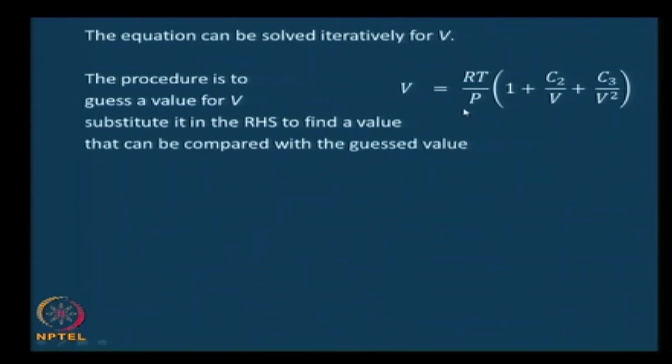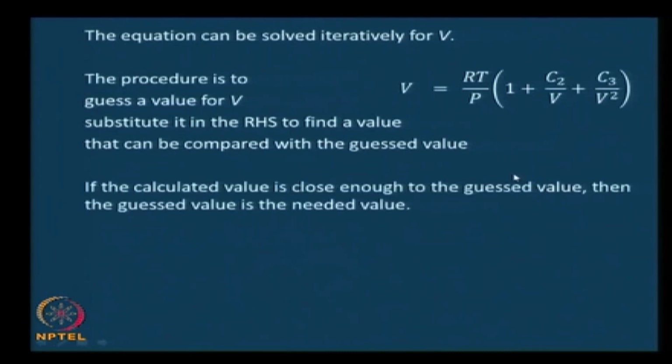Compare that with the guessed value. Remember that V was something that we guessed to begin with the first time, and then we substituted the same V here to find out this value, and now compare the right hand side with the left hand side. If the calculated value, the right hand side, is close enough, the operative term here is close enough, then the guessed value is the needed value.